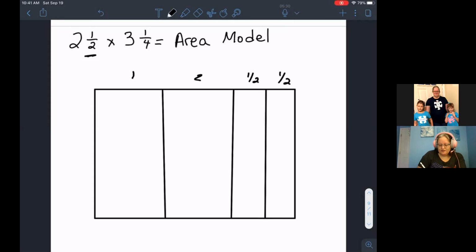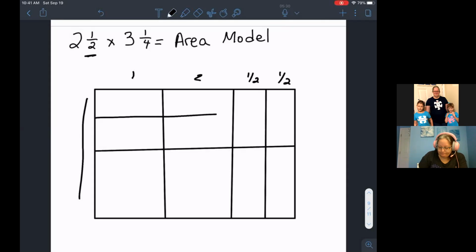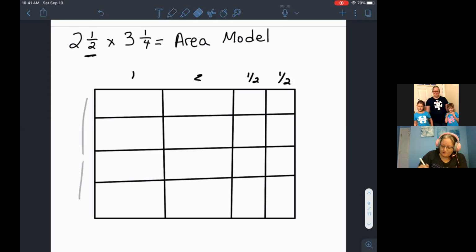So then the vertical side, we have 3.25. So what we need to do is divide this side by 4, because we know it's more than 3, but we're going to use a quarter of the last unit. So this would be 1, 2, 3.